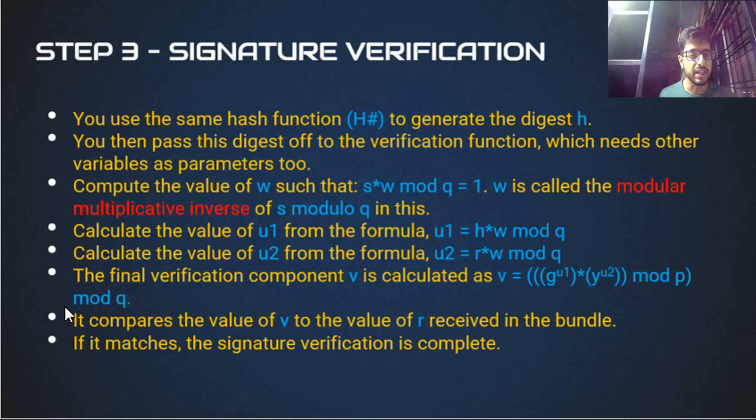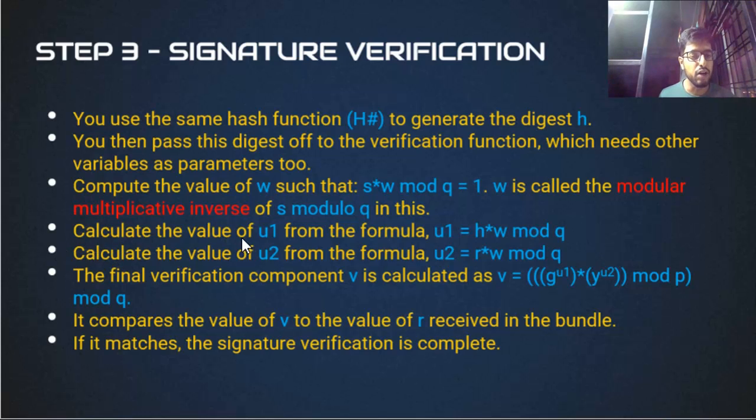Step 3 consists of signature verification. We use the same hash function to generate the digest h. Then we pass the digest to the verification function, which needs another variable as parameter. Now we compute the value of w such that S times w mod q is equal to 1. Here w is called the modular multiplicative inverse of S modulo q, where S was one of the variables generated by the signing function.